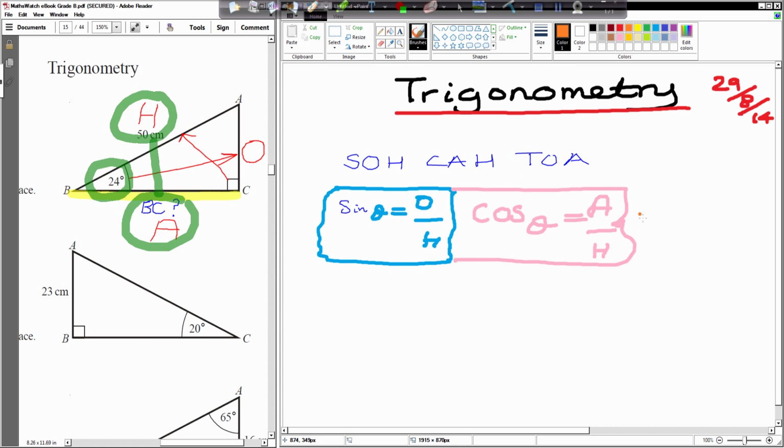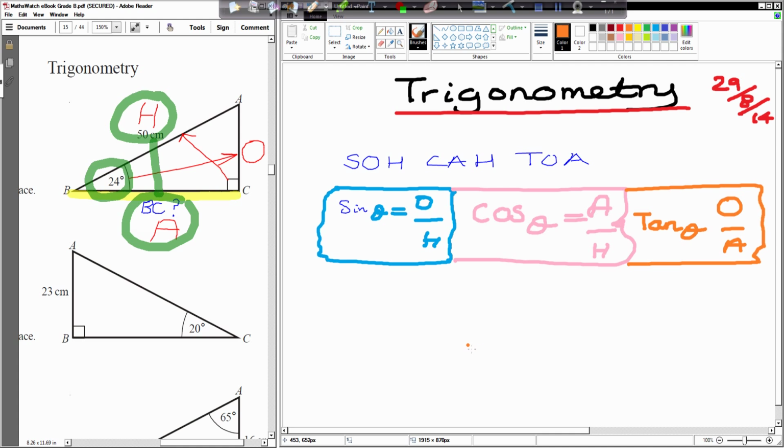TOA represents tan of the angle is equal to O over A. So this is a quick revision of what this shortcut stands for in reality. Okay, so we mentioned that once and then we can just use it after that.